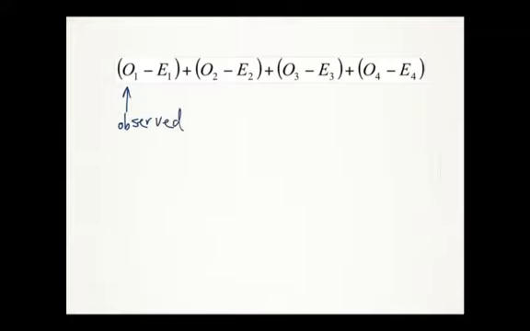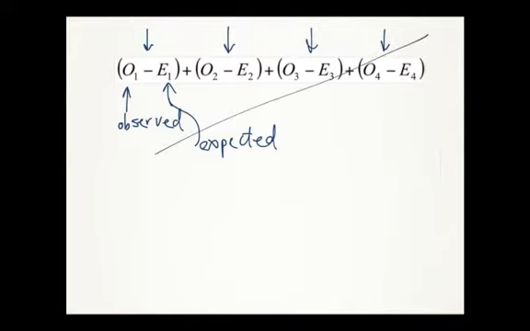That's the actual number we see in our data set in the table. And then let's call this E, the expected. Okay? And let me just subtract those. Here's the observed minus expected for the first cell, the observed minus the expected for the second, the third, and the fourth.